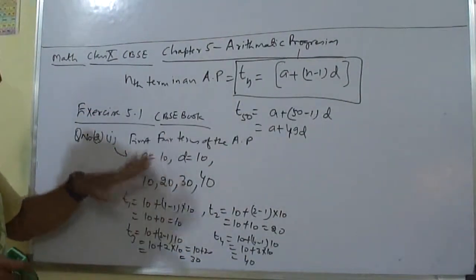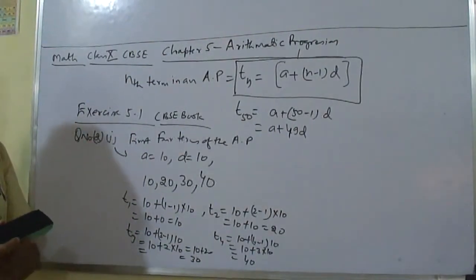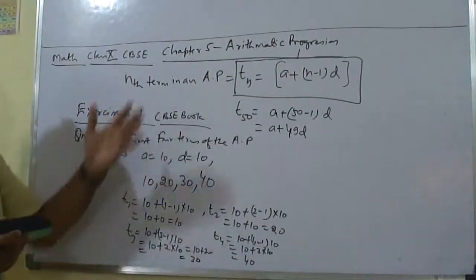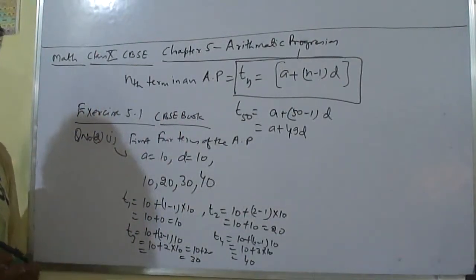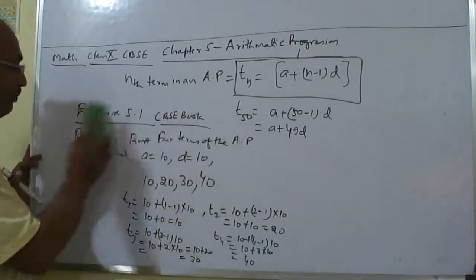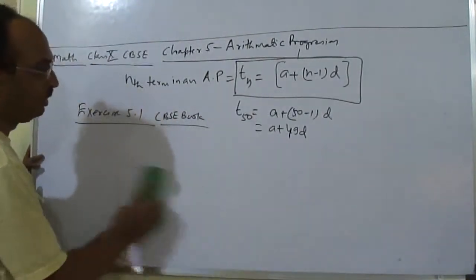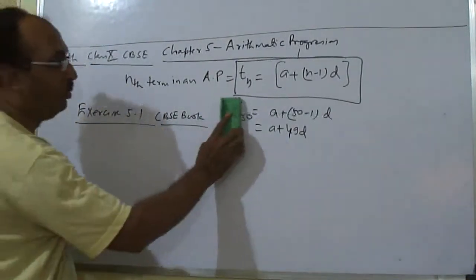Can you tell me, Rameshwar, in this same question, what will be the 100th term? Can you use this formula to find the 100th term? Just find out and tell me. Formula is in front of you only.